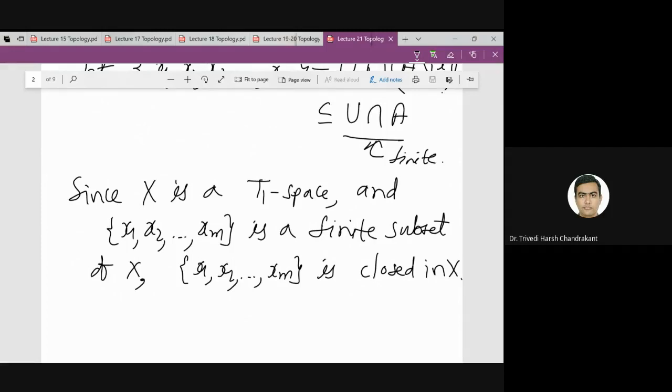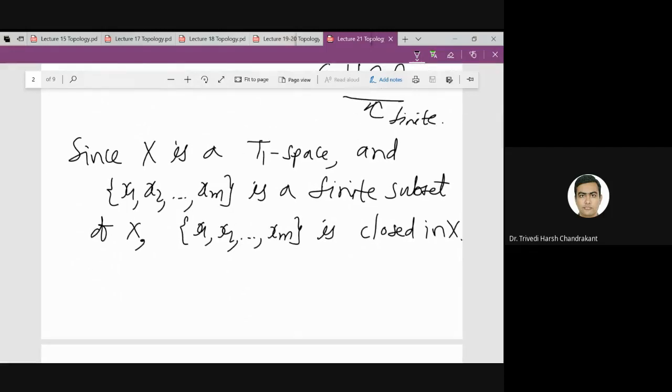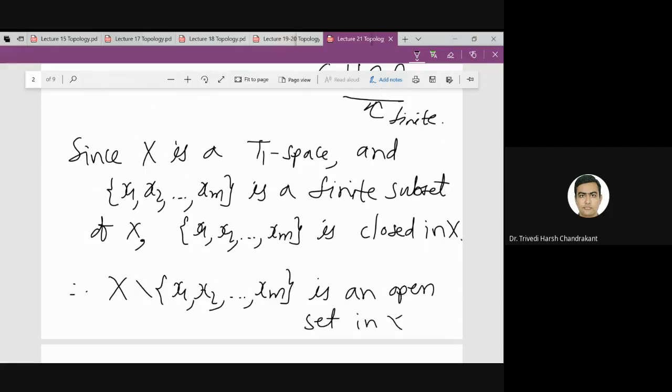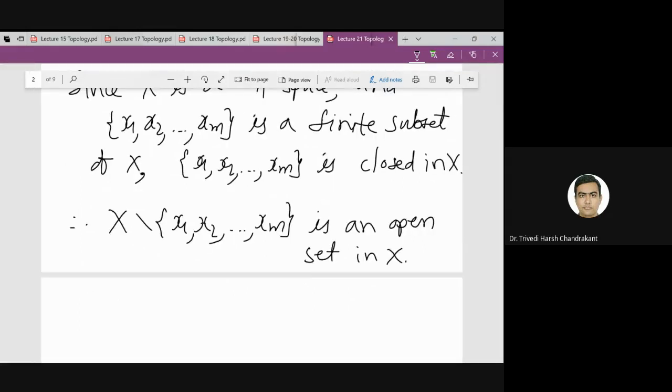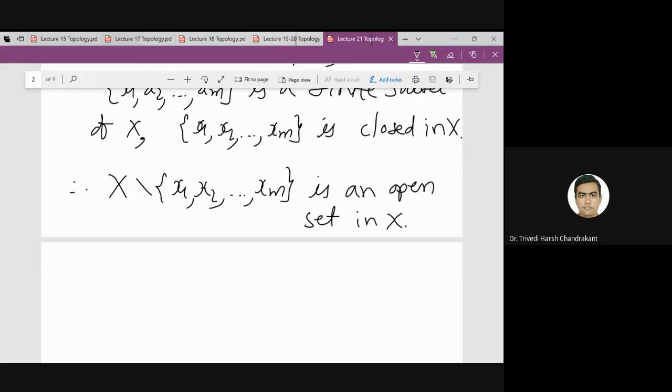Now, since this is a closed set, its complement must be an open set. So therefore X minus x1, x2, xm is an open set in X. So if I take the intersection of this open set with another open set, then the intersection is again an open set.